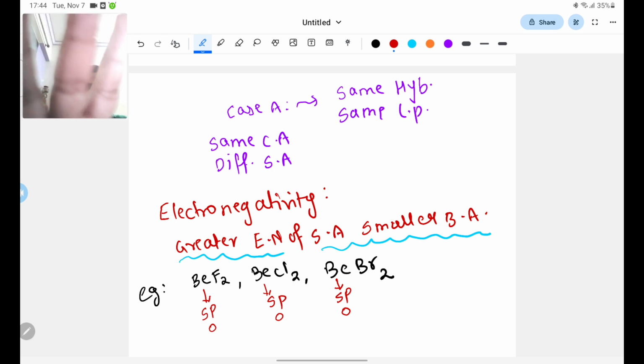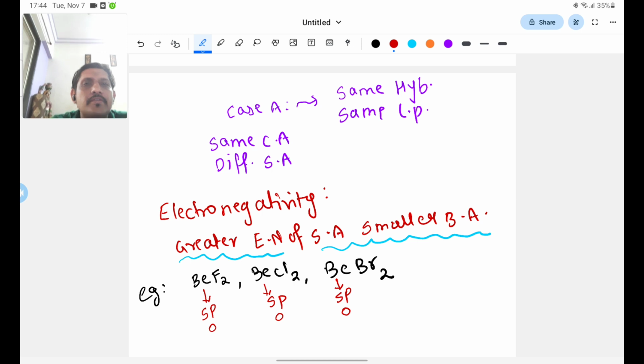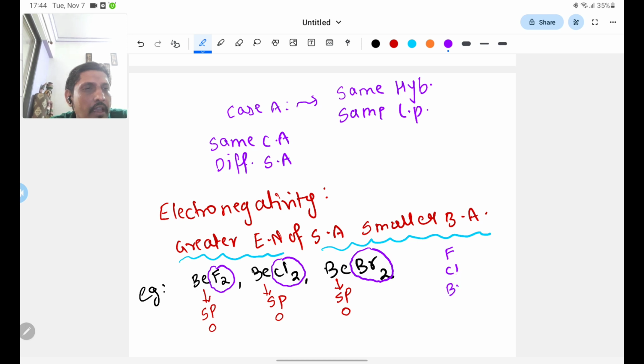So that means they have the same hybridization and the same number of lone pairs. So how to arrange the bond angle then? You have to see the side atom because they all have the same central atom. Their central atom is beryllium. So observe the side atom. The side atoms are the halogens fluorine, chlorine and bromine.